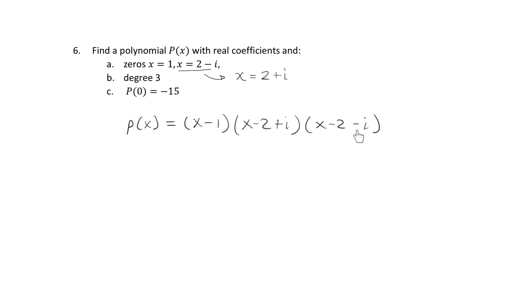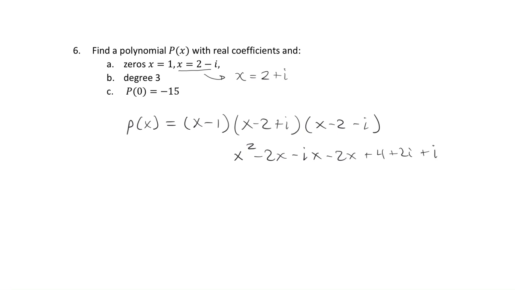And then I would multiply these two factors together first. So that's x times negative 2 times negative i. Those three give x squared minus 2x minus ix. And then you multiply the negative 2 to all three. That's negative 2x plus 4 plus 2i. And then finally multiply the i to all three terms.